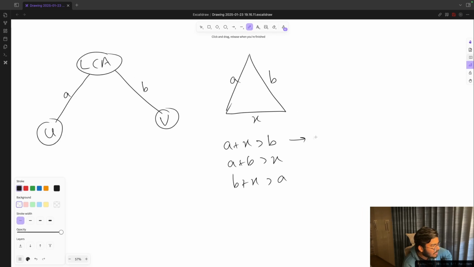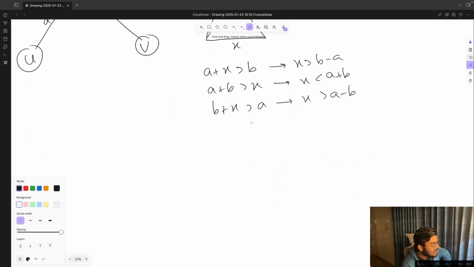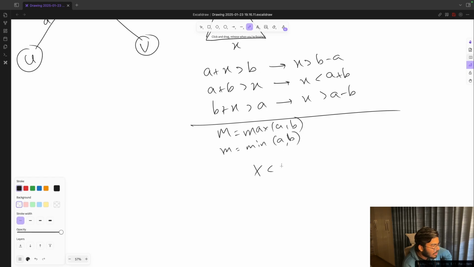If you do that, X is greater than B minus A, X is less than A plus B, and X is greater than A minus B. So let's say capital M equals max of A comma B, and small m equals min of A comma B. What you will see is that X is less than capital M and X is greater than small m, right?